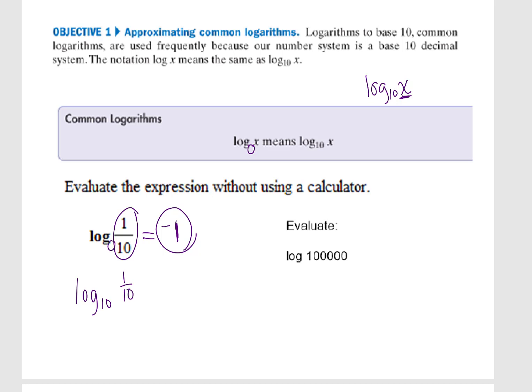I put a 10 here because remember, it's understood that if there's nothing there, it's a common log. And so log base 10 of 1/10, I could write this as log base 10, and then remember, there's like an exponent of 1 right there.